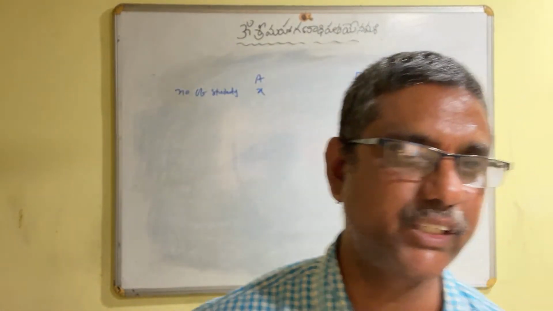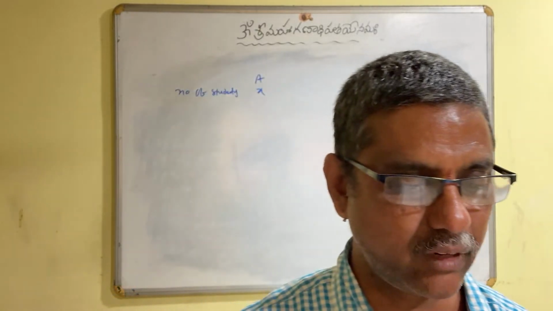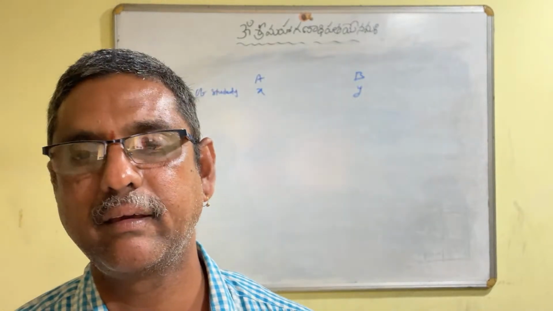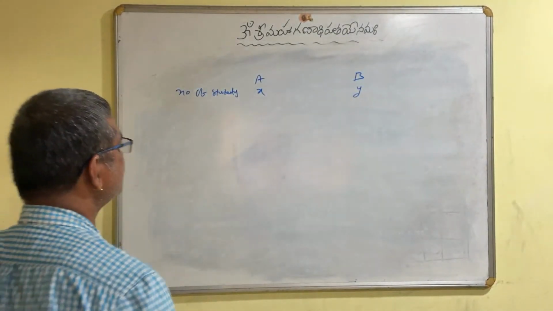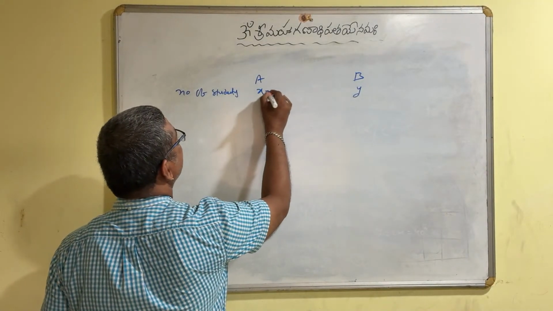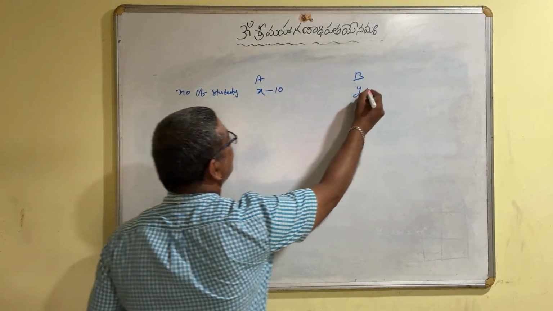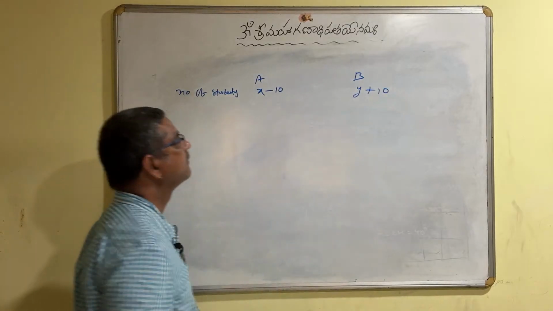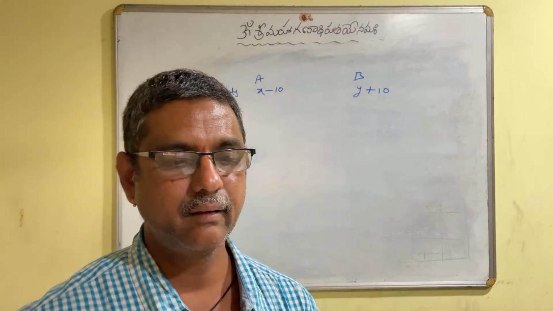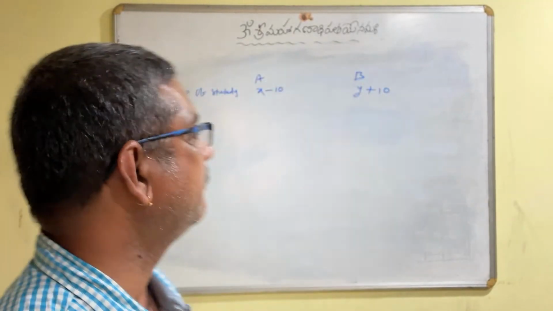Now what is the first condition? Listen to this carefully. If 10 students are sent from A to B, the number of students in each room becomes the same.